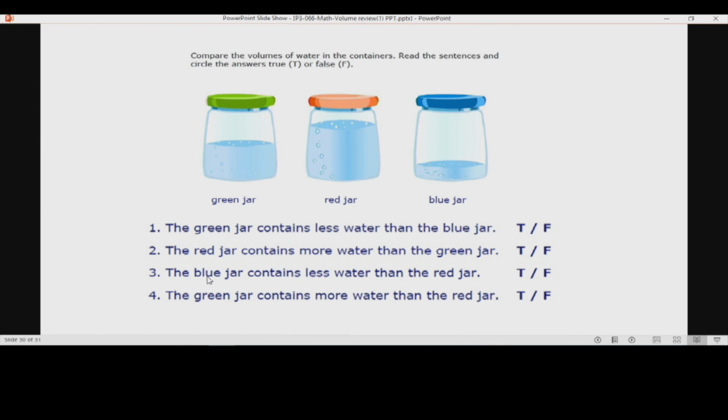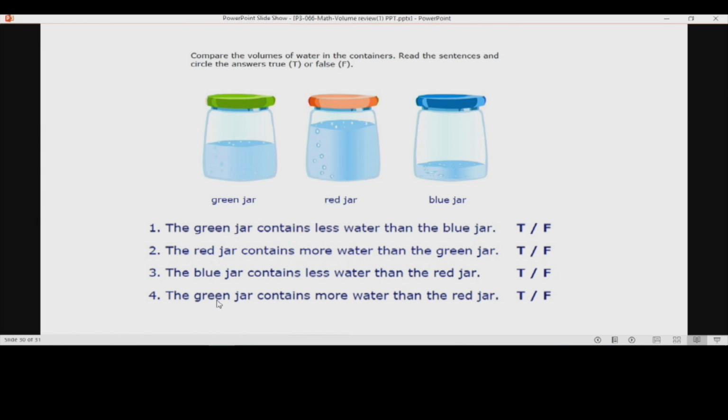The blue jar contains less water than the red jar. True or false? True. You can see the blue jar has less. Here is the water in the blue jar. It's much less than the water in the red jar.